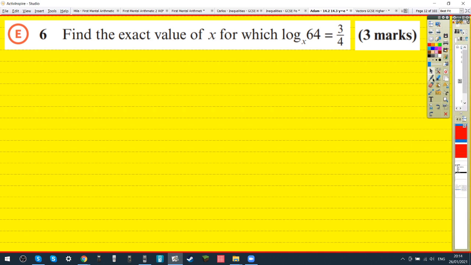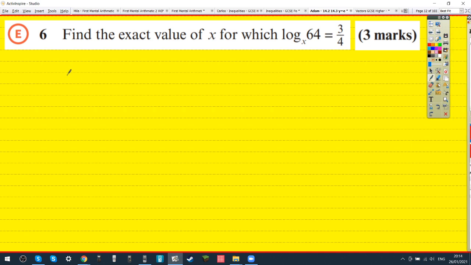So for this, x is the number, right? Yep, the base. So it'd be x to the power of 3 over 4 is equal to 64. And how would you usually go about solving that if you had to do it manually?